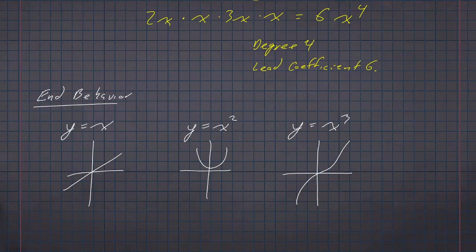Going to the left alternates: negative direction, positive direction, negative direction. In general, that is a pattern that does continue.